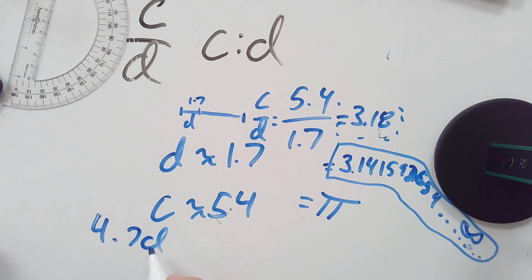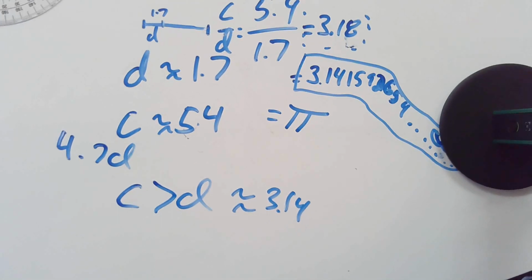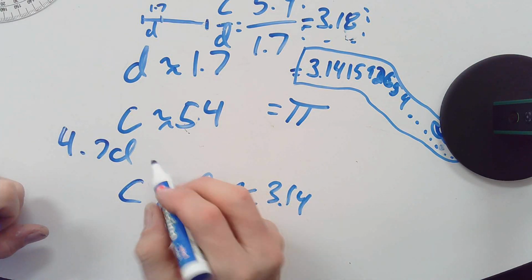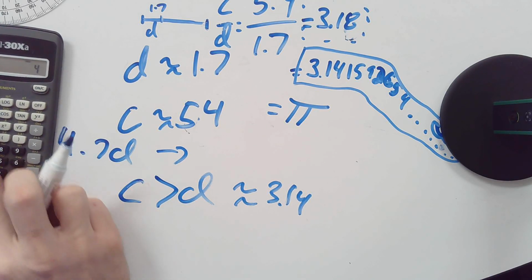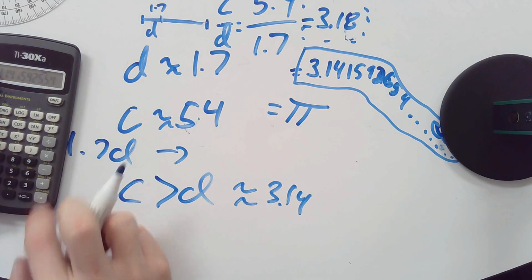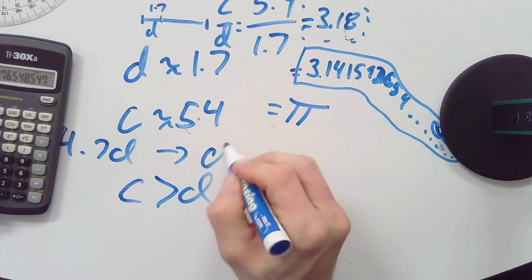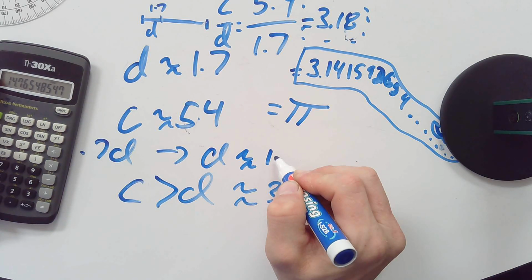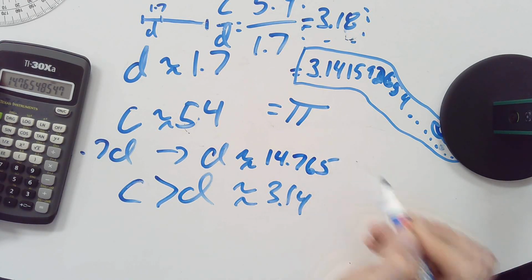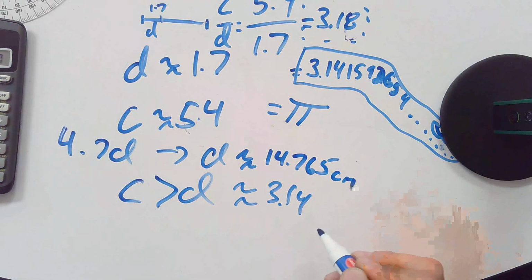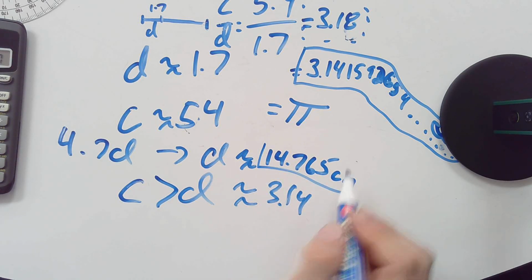If I want to find the circumference, I know the circumference is greater than the diameter by about 3.14. So I have the diameter, I multiply it by 3.14. The diameter is 4.7, multiply it by pi, and I get the circumference is approximately 14.765, right, centimeters.